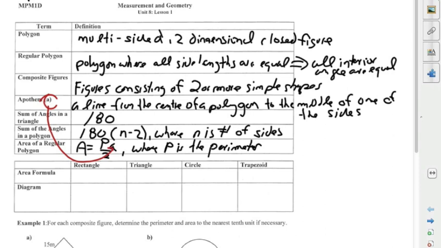So if you know the apothem of a regular polygon and the perimeter, you can calculate the area. What do you need to know for the perimeter? Just one side, because the definition of a regular polygon is that all the side lengths are the same.